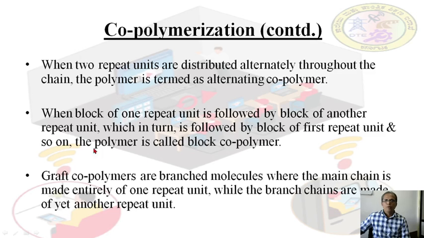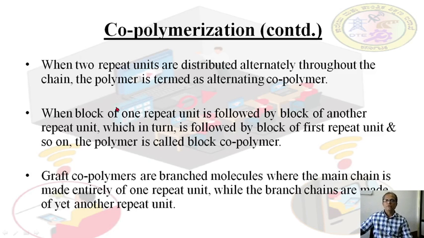When a block of one repeat unit is followed by a block of another repeat unit, say one is A type and the second is B type, a number of A's together, many repeat units, will be there. After that, many B's, another type of repeat units, will be there. They are in blocks of the same type of certain numbers, and then those certain numbers will repeat.